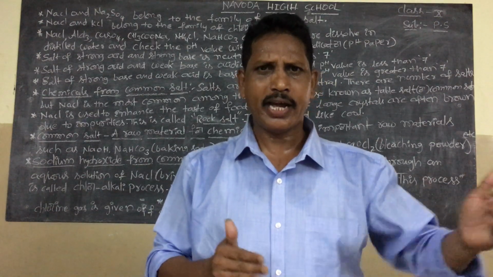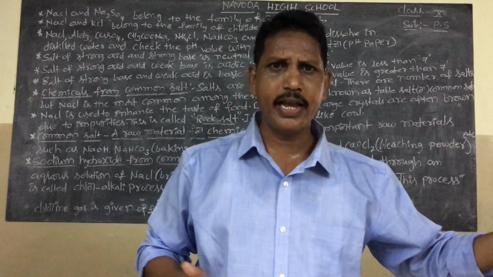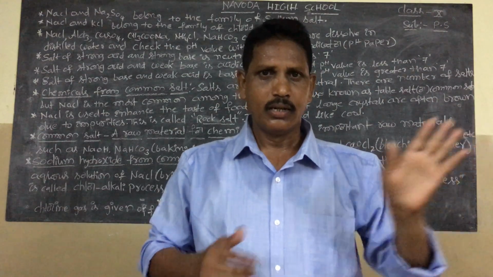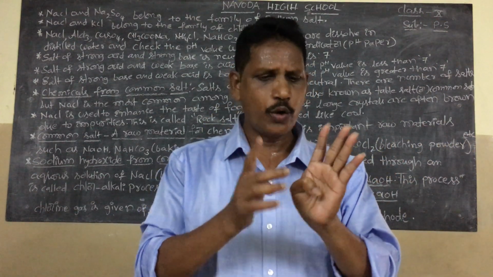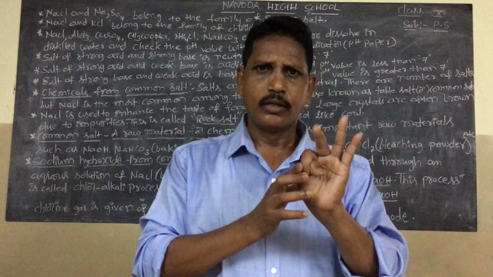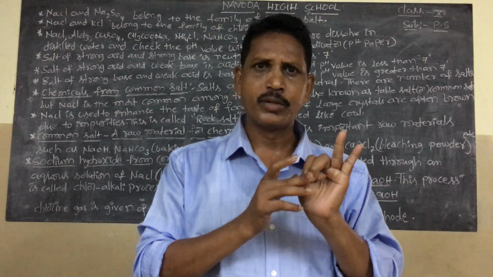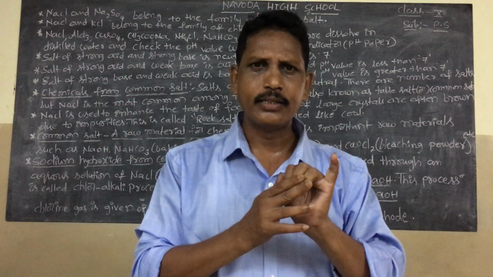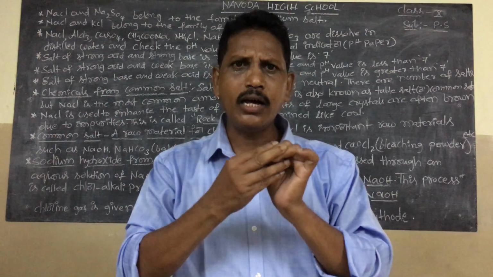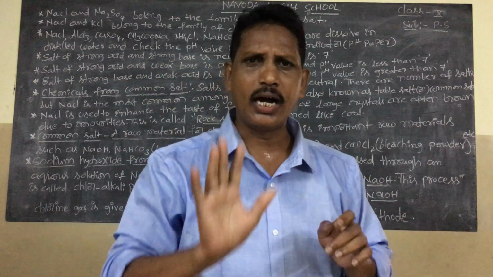Common salt is a raw material for some chemicals: sodium hydroxide, sodium hydrogen carbonate (baking soda), Na2CO3 washing soda, and CaOCl2 bleaching powder. These are all compounds produced from common salt.